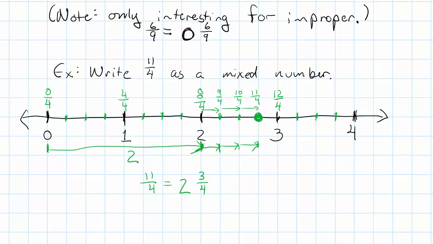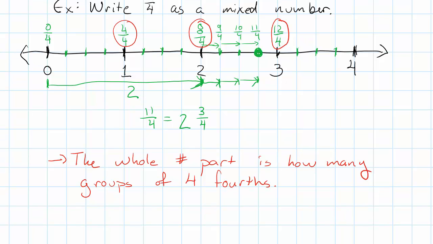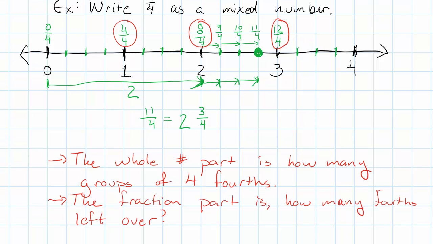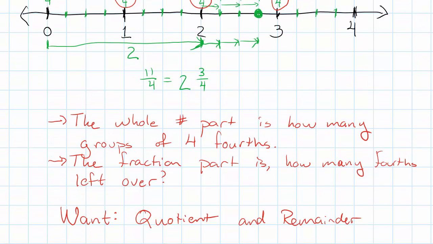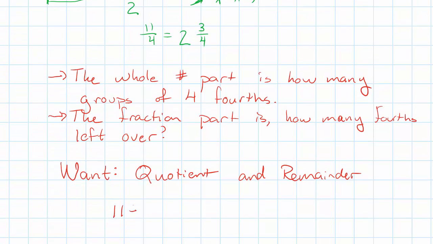This picture suggests what we need to do, though. In fact, the bit that suggests what we need to do is this bit where we counted by 4s, right? We know that each whole unit is going to be 4/4. The whole number part says how many groups of 4/4 could I get? And then the fraction part is how many fourths are left over. What we want is the quotient and remainder. Remember how we said we could think of 11 divided by 4 as being just 11/4?